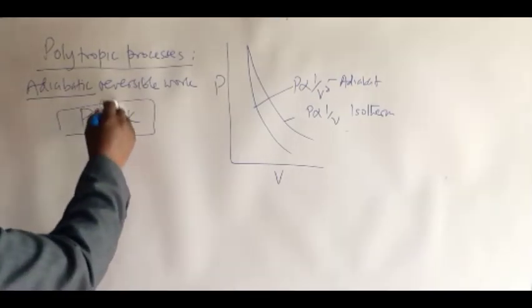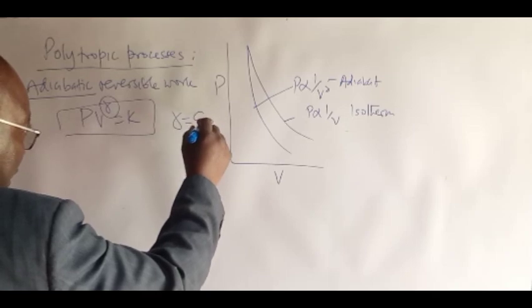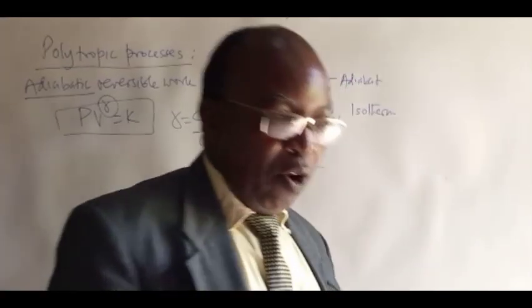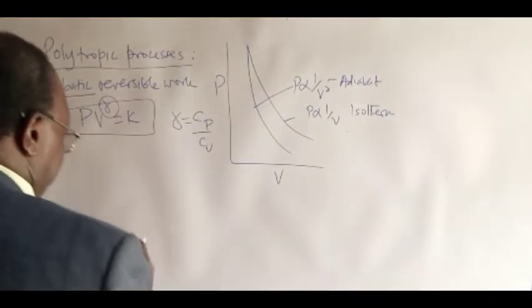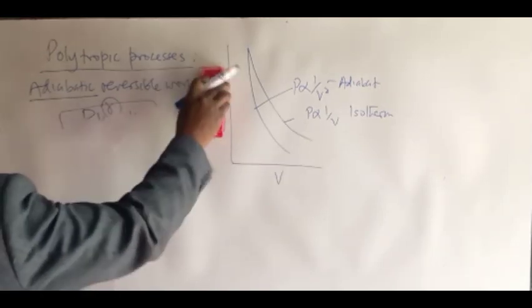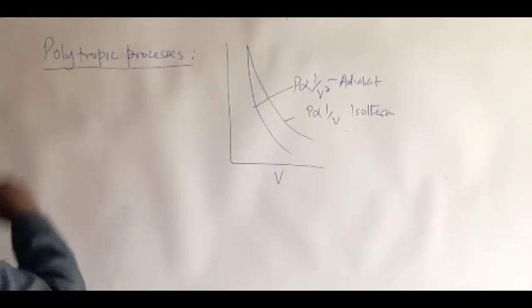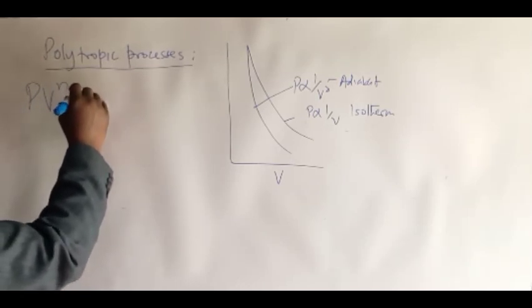Now remove the gamma. Remember, for adiabatic reversible work, that gamma was the ratio of the heat capacities, the isobaric and isochoric heat capacities. Now, for polytropic processes, we are saying that in general, expansion and compression processes carried out reversibly obey the equation of state PV^n is a constant.